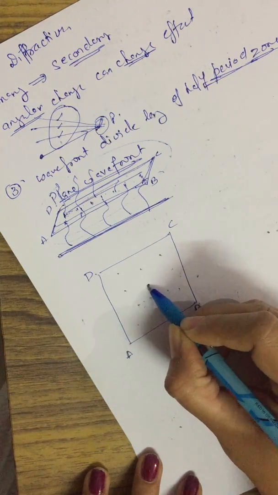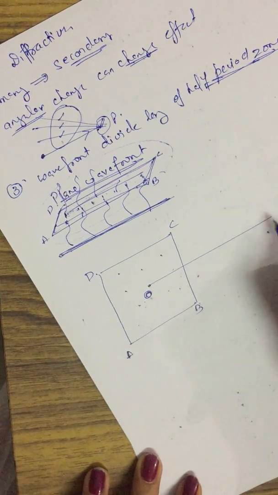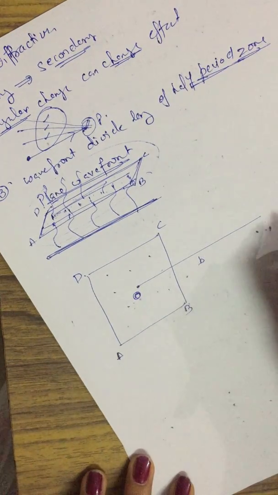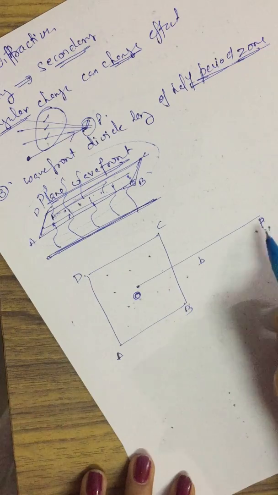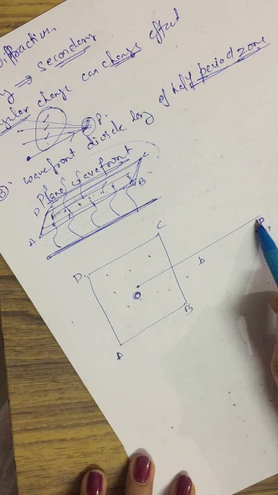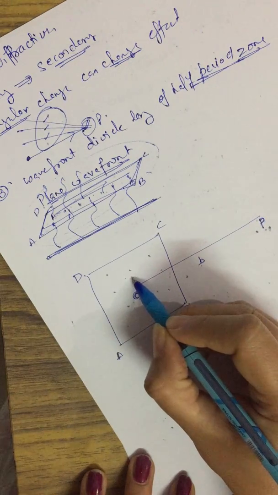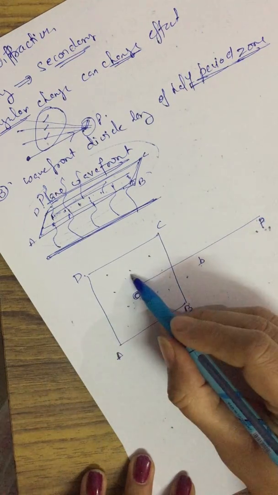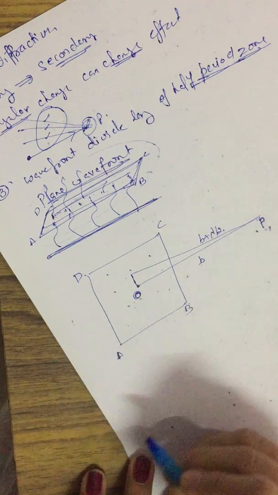Let us consider O is the center, and at any distance b there is a point P where we are finding out the effect of this wavefront. At a distance b plus lambda by 2.